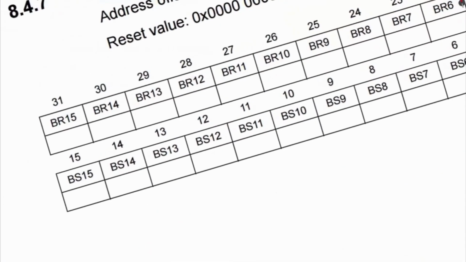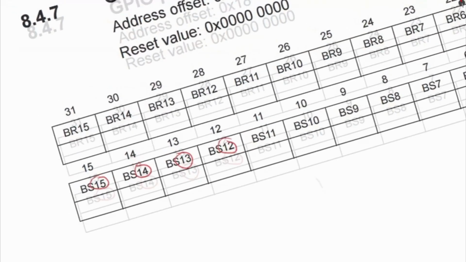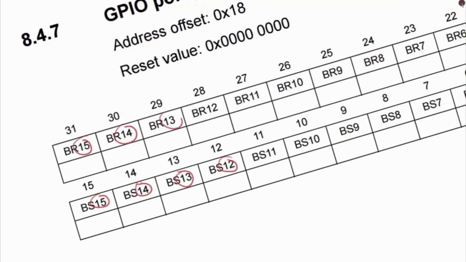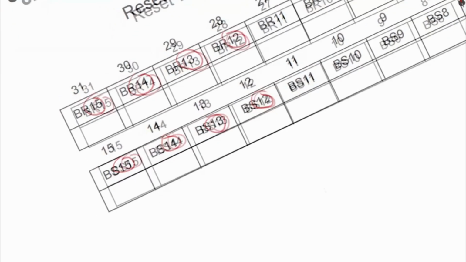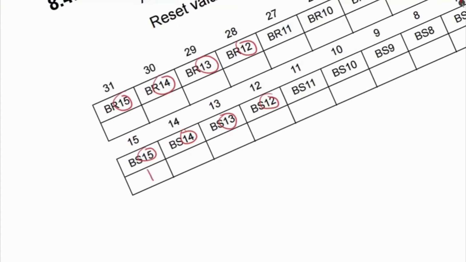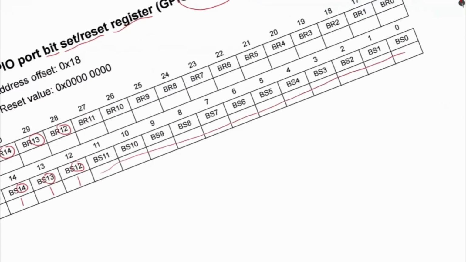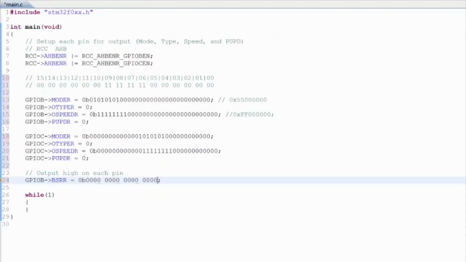So we have that here, 12, 13, 14, and 15. And to reset those, if we ever wanted to do that, we would put a 1 in these locations. So let's go ahead and see what we need to do to set them. Just put a 1 in these locations. The 0s would be in these locations. 16 more. So we're concerned with these positions here. To reset these pins, you'd want to put 1s here.